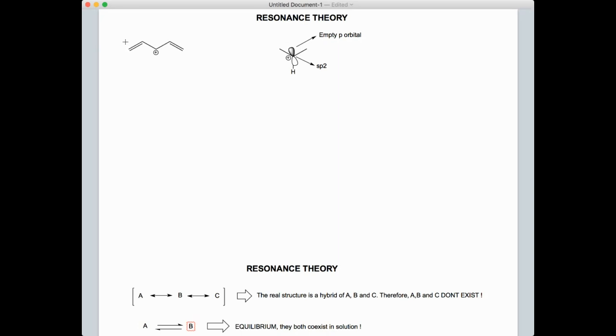So what's the hybridization of this carbon here? And what's the hybridization on this carbon here, guys? What's the hybridization of these two carbons? Those two carbons are clearly sp2, right? What about the carbocation? We just discussed that.